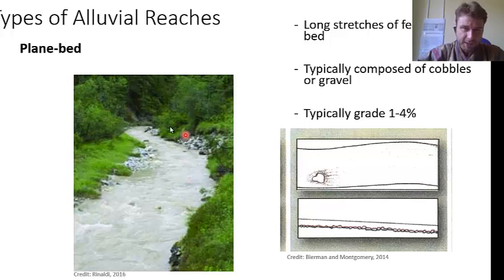But the main thing to realize is that these are featureless. We're not seeing cascades, we're not seeing step pools, just planar flow. And you can see in cross-section and planar view what this would look like as well. So these are your intermediate reaches, typically of grades from 1 to 4%. And again, they're intermediate between our high-gradient cascades and our last reaches, which we'll look at right now.